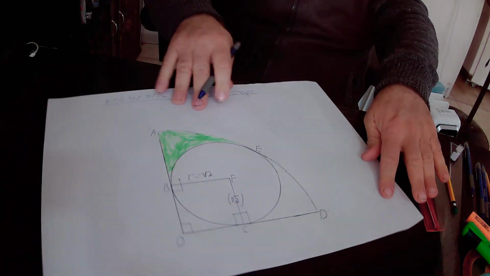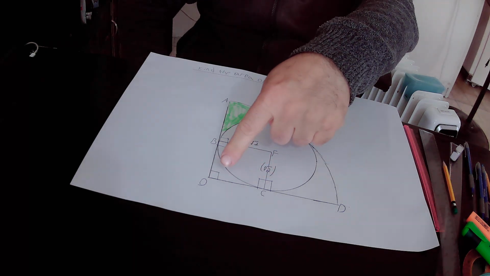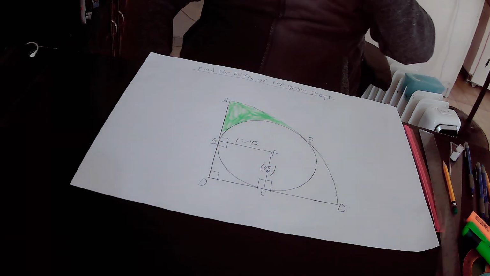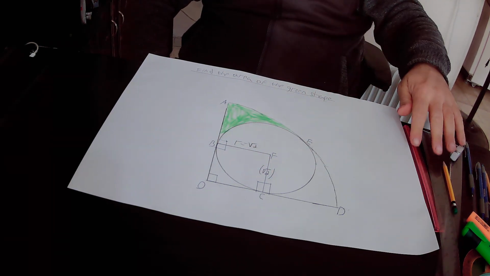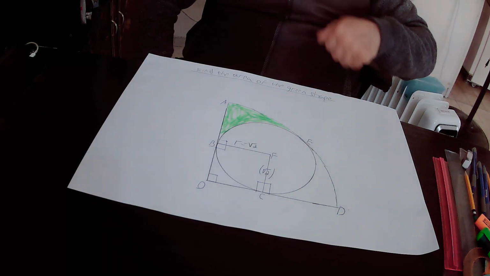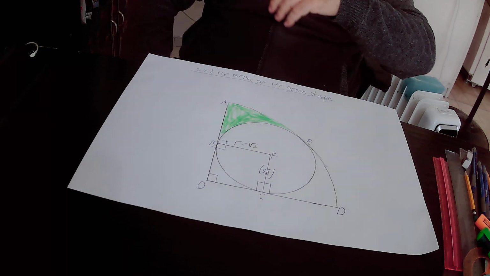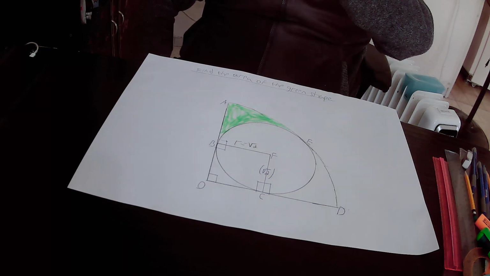So inside the small quadrilateral BFOC, we have 1, 2, 3 right angles. The sum of 3 right angles is 270 degrees, plus the size of this fourth angle. In total, the sum of those 4 angles must be equal to 360 degrees.